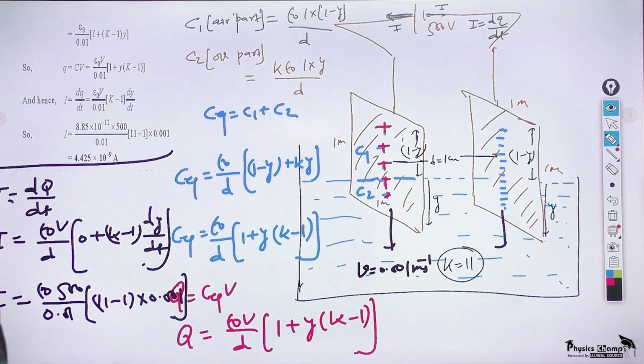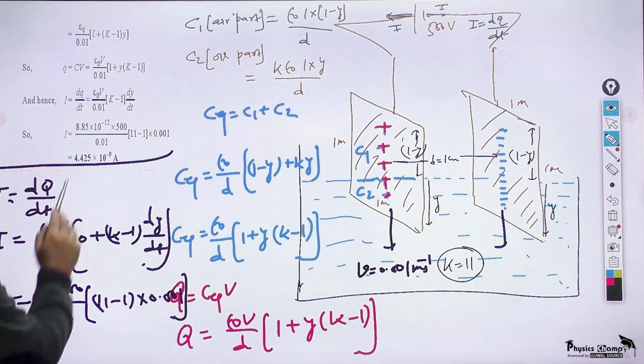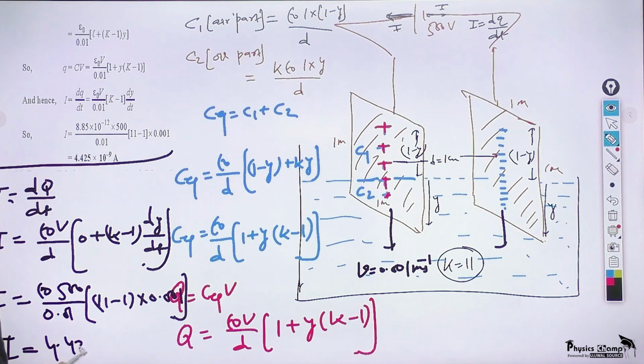So we will finally get this current, which comes out to be 4.425 into 10 to the power minus 9 ampere.